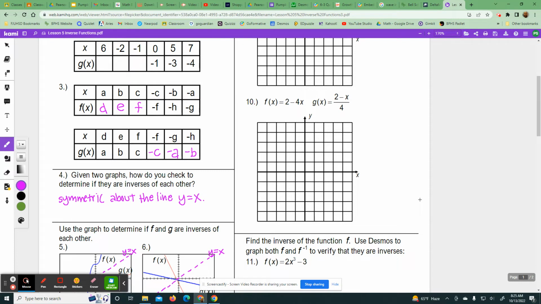Okay, now before I graph g of x, I need to kind of change it up a little bit. So I'm going to split it. I've got 2 over 4 minus x over, I'm sorry, x over 4.